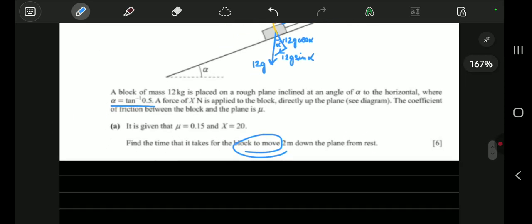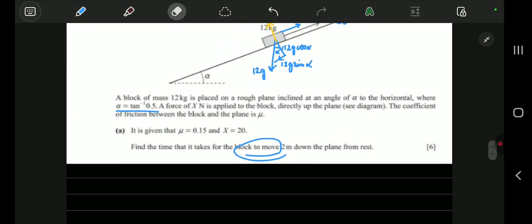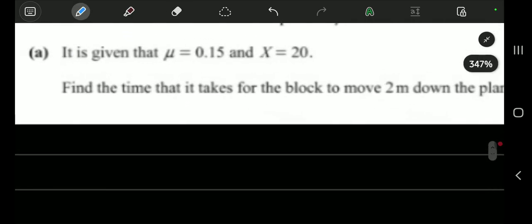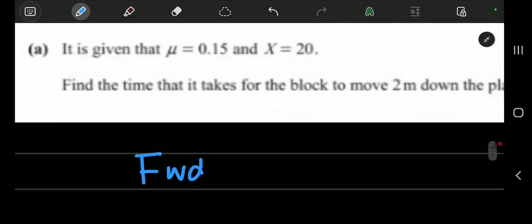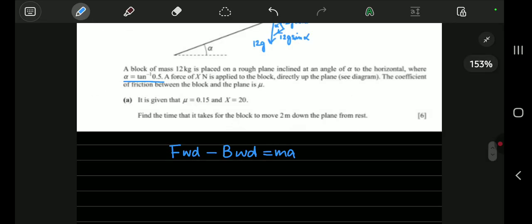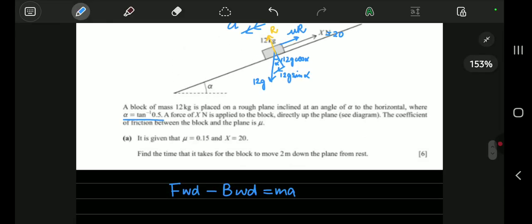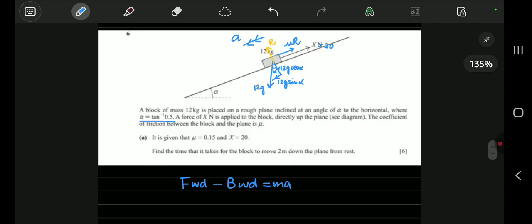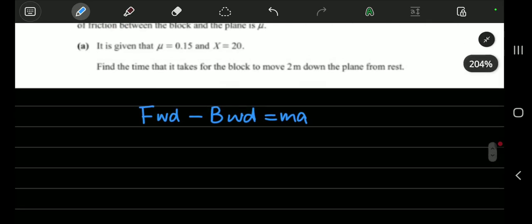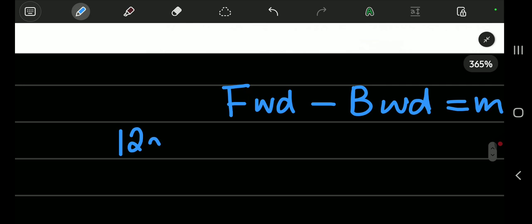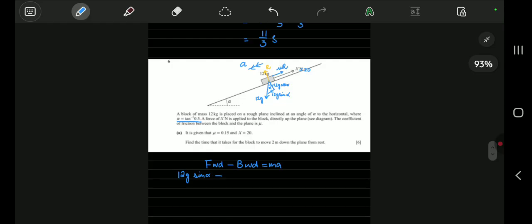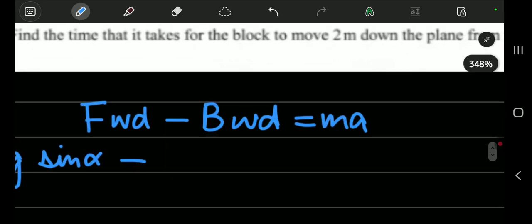So when there is acceleration, we use forward minus backward equals ma. What is the direction of motion? Downwards. So forward is all the forces along that direction, that is 12g sin alpha, minus the backward forces, the frictional force mu R and the x Newton.